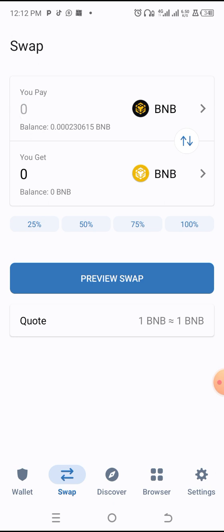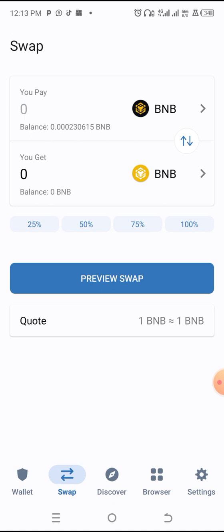If you're swapping between the hours of maybe like 7 a.m. to 6 p.m. to 10 p.m., from the daytime to night, they may want to charge you higher, because there are a lot of people trying to use the same platform. So miners take advantage of people at that period. So in most cases, I would advise you do your swapping at night if you want to actually use the Trust Wallet. So basically, that's how to swap.